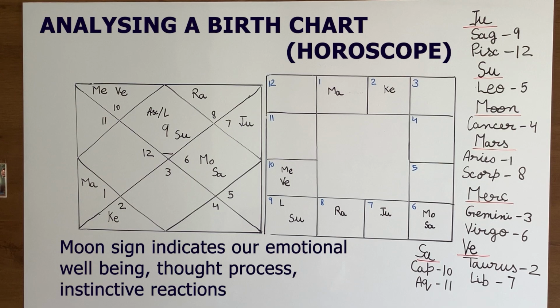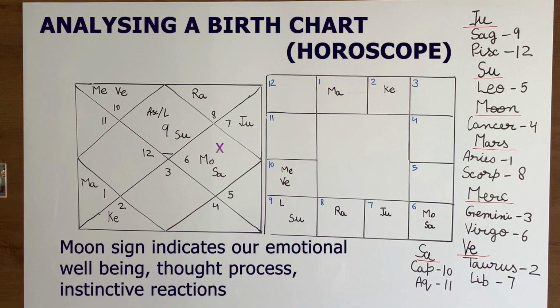Moon sign is the rashi or sign where the birth moon is placed in the horoscope. Moon sign represents our emotional well-being, our thought process, subconsciousness, instinctive reactions, mental alertness, our attitude, etc. How we react to different situations.